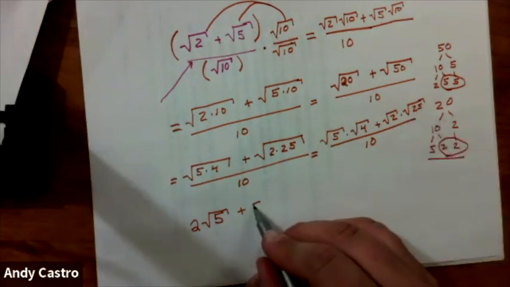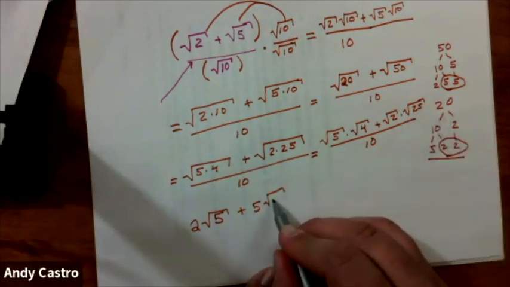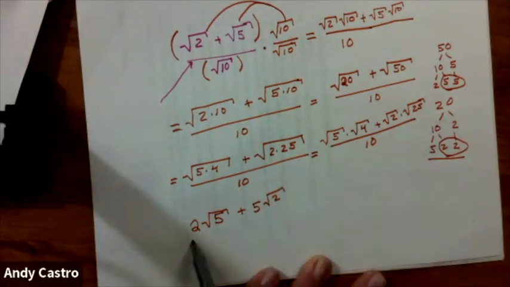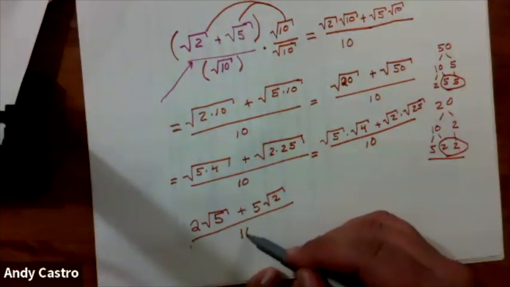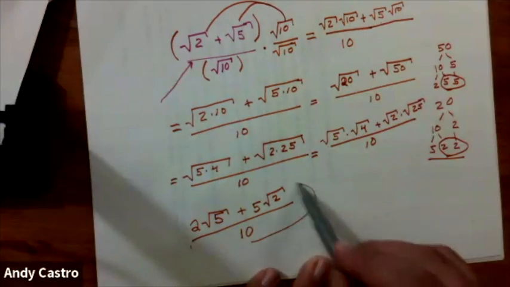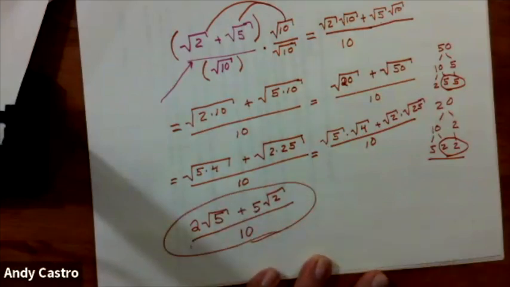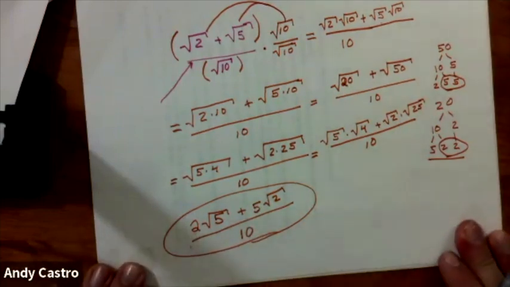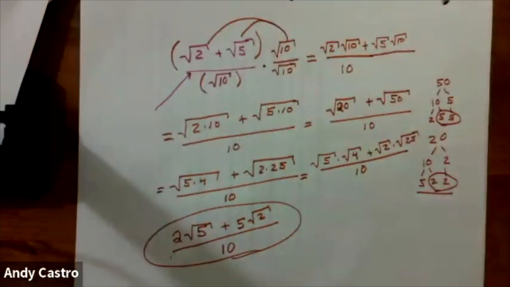So plus 5 times the square root of 2, all over 10. And you're done. There's nothing I can factor out of here that would cancel with anything below. Even though this is 2 times 5, I'd have to factor out 5 out of both or 2 out of both, and I can't. So that is your final answer there.